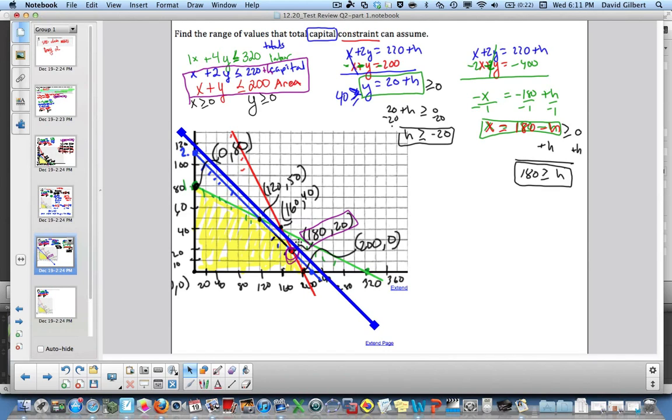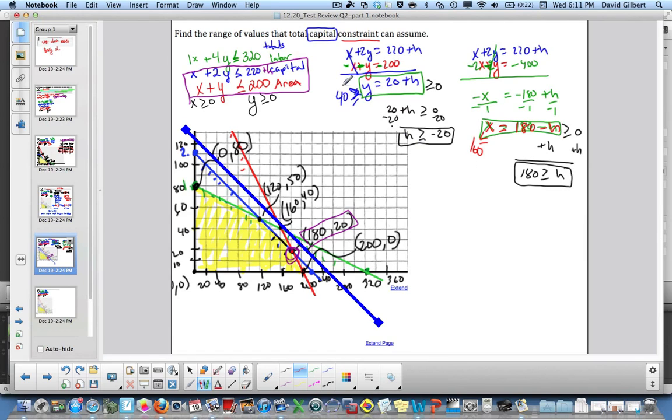If we move here, our optimal point now is at 160. If we move further, then we're outside the feasible region. We're not touching any part of the potential feasible region. So our x has to be between 180 and 160. So we actually have to write that x has to be more than 160.